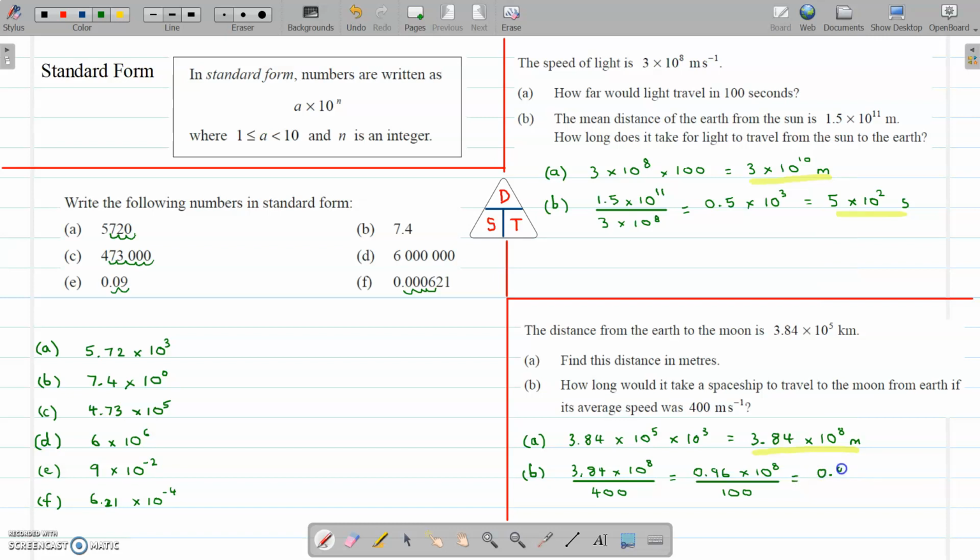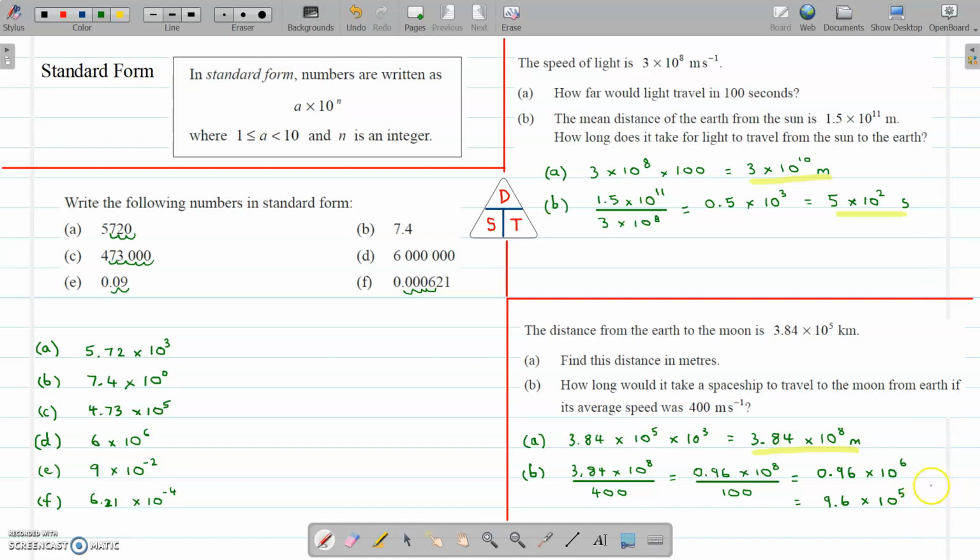So this could be written as 0.96 times 10 to the 6. But it's still not in standard form, because of this first number not being between 1 and 10. So I now need to change it yet again and write it as 9.6. So I've made that 10 times bigger to put it in standard form, but then that has to now become 10 to the 5 to compensate, and that's now written in standard form. And what is it?